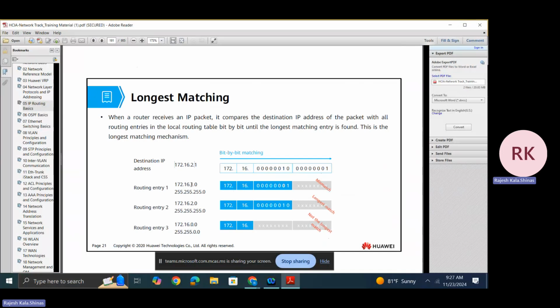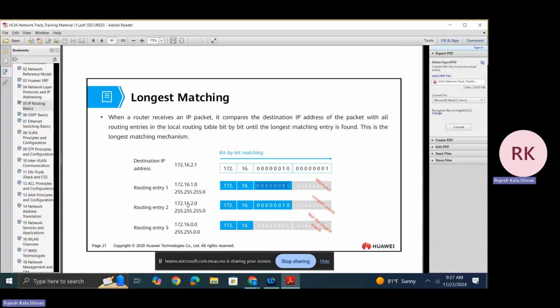Now for 1, I write 1 here. Up to here it was matching, 255 means the network part, right? So up to here it was matching, 1, 2, 3, 4, 5, 6, 7. The remaining two are not matching, so I cannot use that mismatch.